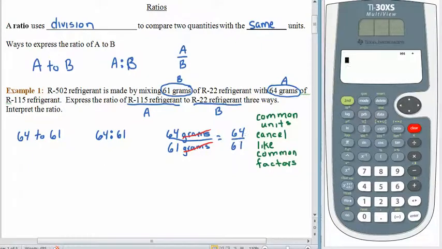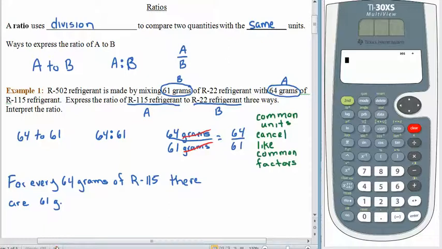So what does this mean? It doesn't mean that we always need exactly 64 grams of R115 and exactly 61 grams of R22. What it means is that for every 64 grams of R115, there are 61 grams of R22.